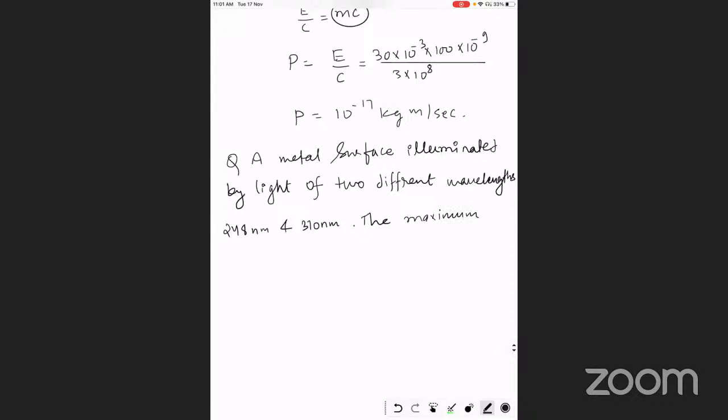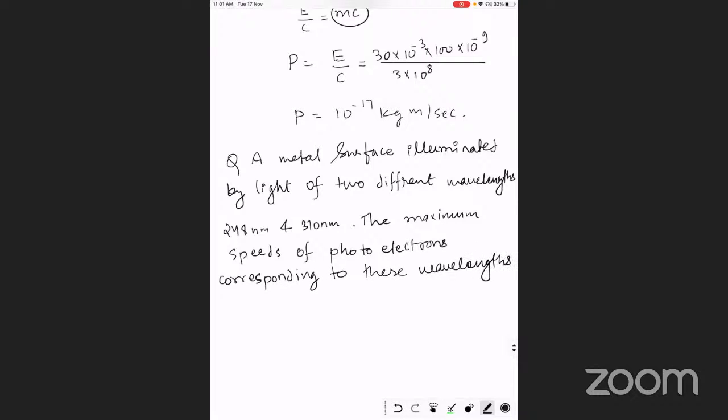The maximum speeds of photoelectrons corresponding to these wavelengths are U1 and U2 respectively.